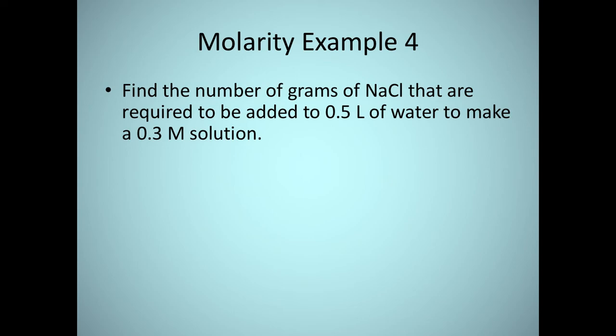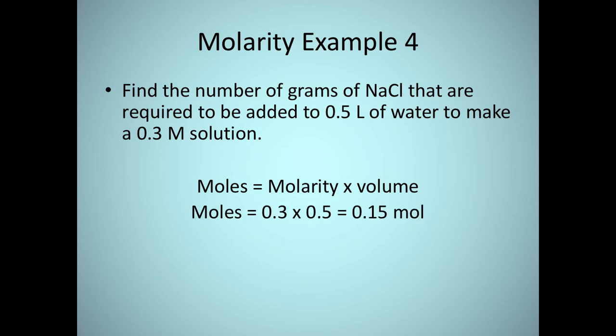So our first step is to calculate the moles, because what we are given is the volume and the molarity. So we can find the moles by multiplying those two values together. So we take the molarity, which is 0.3, multiply it by the 0.5 liters, and we get 0.15 moles of sodium chloride.